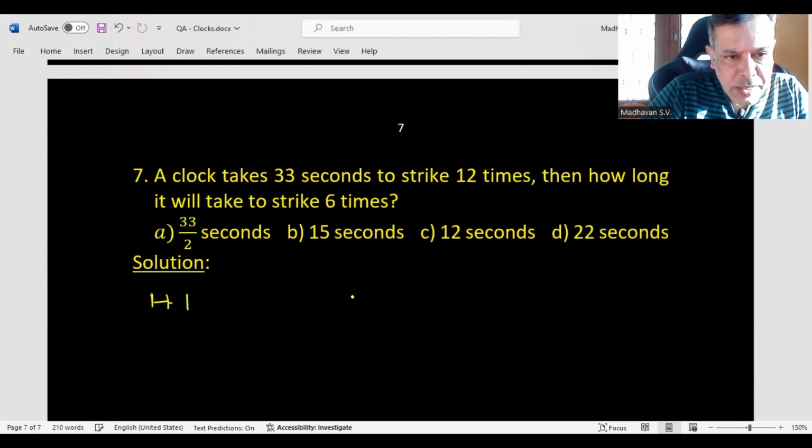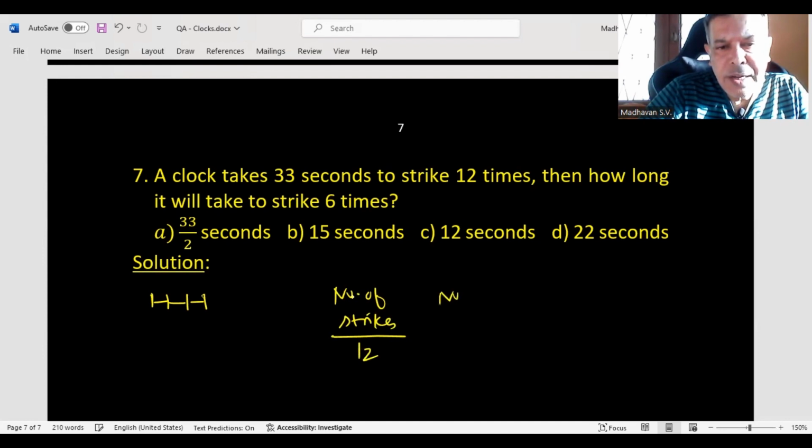Again, to strike one more time, it takes this much of interval, equal intervals, which means that the number of strikes is given as 12 and the number of intervals it passes will be one less, so that is 11, and it takes time in seconds as 33.